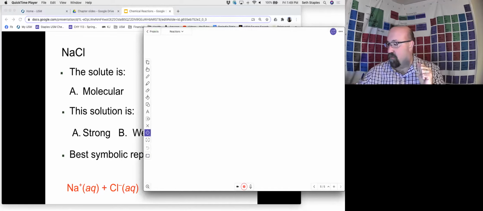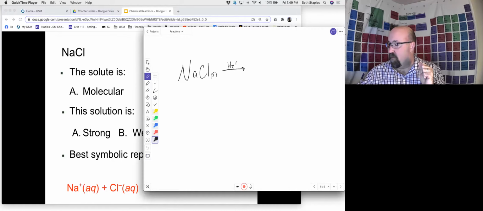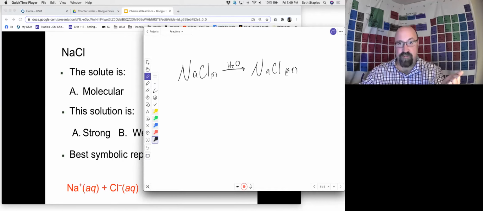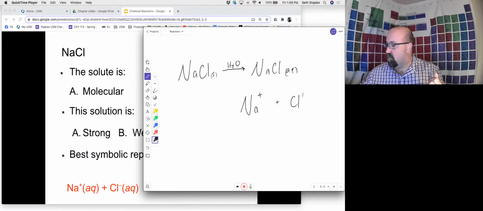And so let's take a closer look at that. So we have NaCl as a solid, and then let's say we dissolve that in water. So then we have NaCl aqueous. What actually exists, what this really means, is that what exists in that aqueous solution are the sodium ions and the chloride ions.